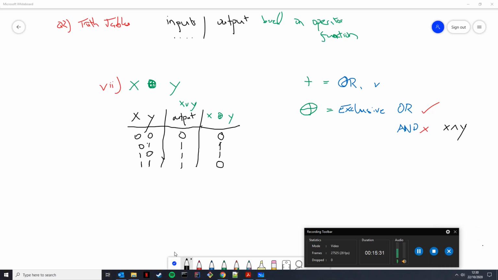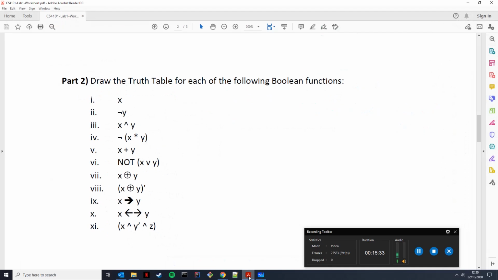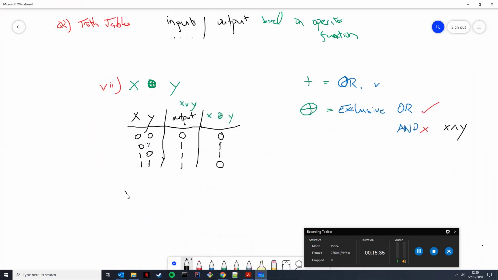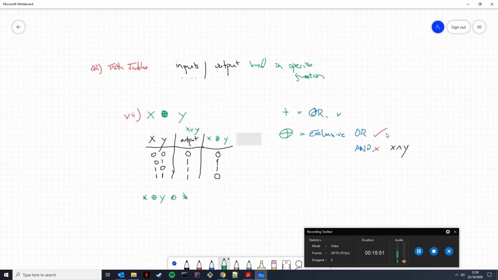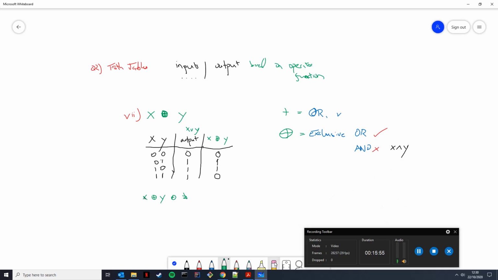Now, let's say we had three inputs. Let's say it was X exclusive or Y exclusive or Z. Now we're going to have a different output. So let's remove this and we'll do this over here.